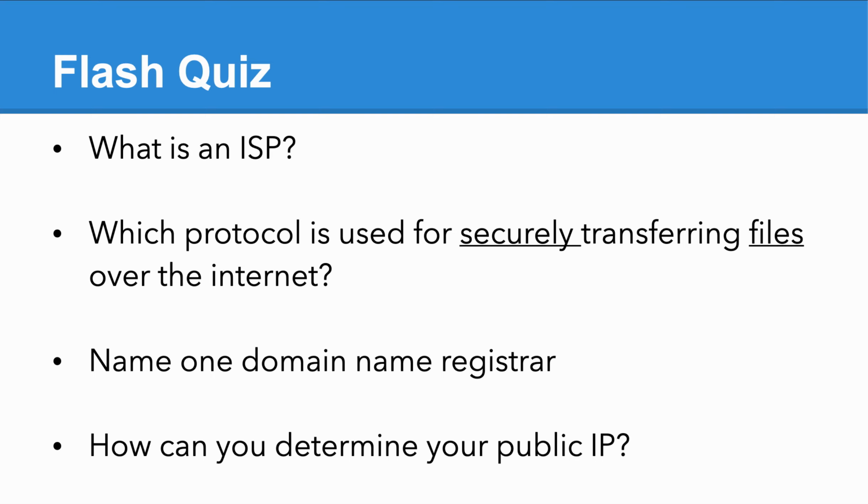We talked about the difference between private and public IPs. Your public IP is going to be the IP address that is assigned to you by the internet service provider, as in Spectrum. Your private IP is going to be the IP address that's assigned to your machine behind the router, right? So your router at home gets an IP address, which is private, and the router has some type of firewall built into it, right?